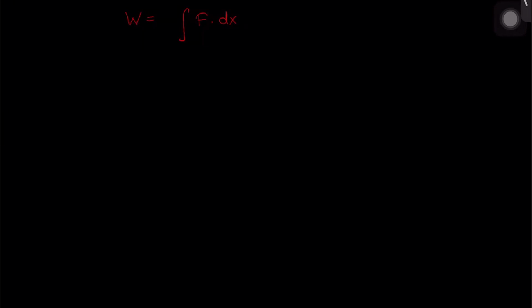Work done is equal to the integration of F dot dx from xi to xf. I'm putting the value of F as minus kx, so I can write it as the integration from xi to xf of minus kx dx.